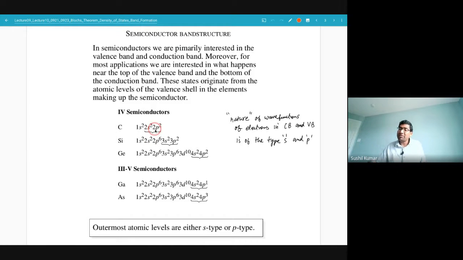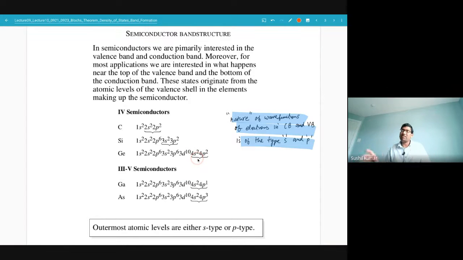If you notice, the energy levels that do get modified are called valence states. And the valence states, usually for the semiconductors at least, not for metals or insulators, for the most common semiconductors, are the S and the P states. So one thing I want you to remember: the conduction band and the valence band, the two bands of our interest, are formed from S and P states.